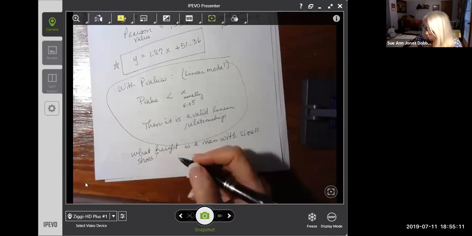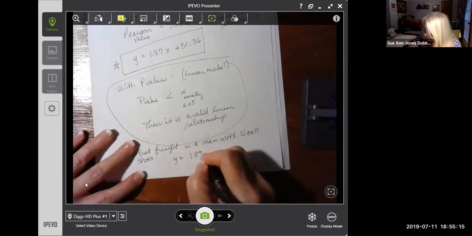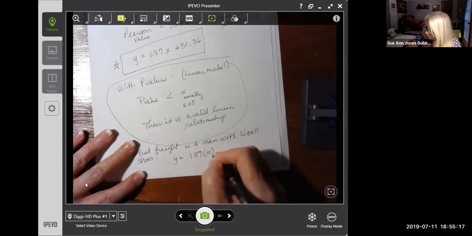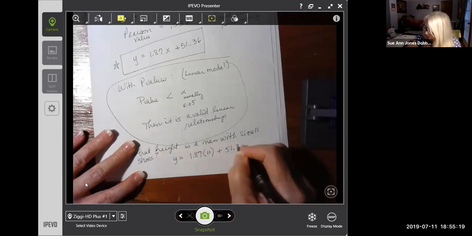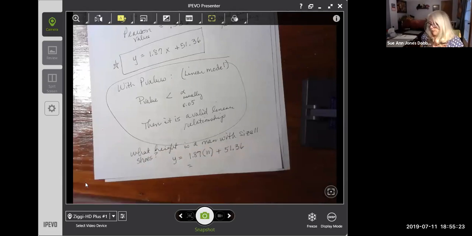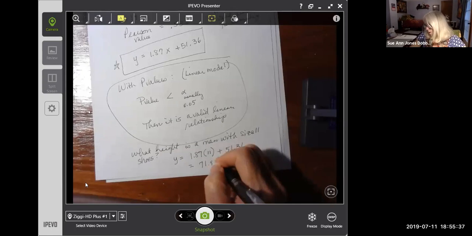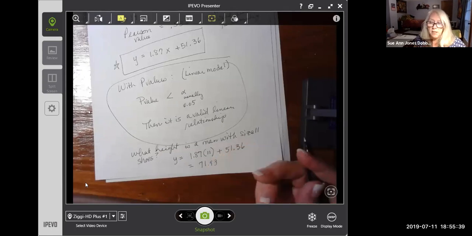So all I do is say y equals 1.87 times 11, which is the value of x, which was shoe size, plus the intercept, and I solve that using my calculator. And I get basically 72 inches, which is 6 feet tall.